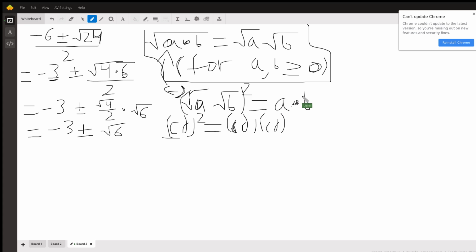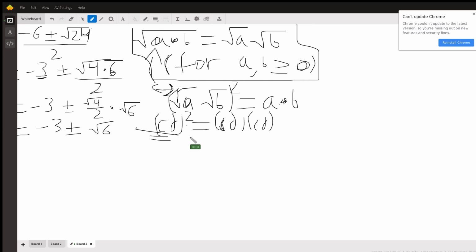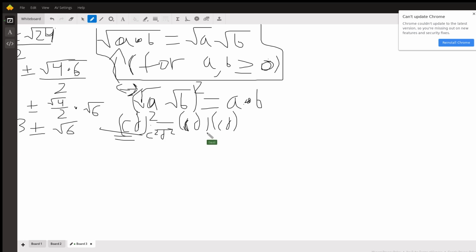So that's two C factors and two D factors, which equals C squared times D squared. So this is true. Applying this general rule, that the square of a product is the product of squares, to the case where we're taking a product of two square roots gives us this rule.